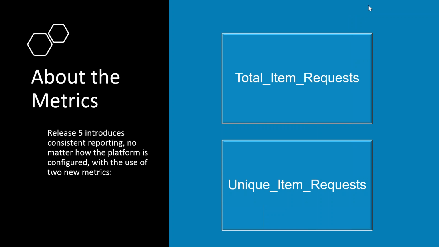We no longer have that breakdown between HTML and PDF. The reason we don't have that breakdown anymore will become apparent as we talk through how those new metrics play out in real life.